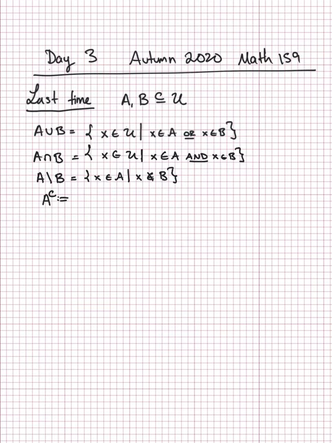This is defined to be the x that are in U, where x is not in A. So a complement is just all the elements of U that aren't in A. You can see now why it's useful to have this universal set lying around, just so you can define things like complements.